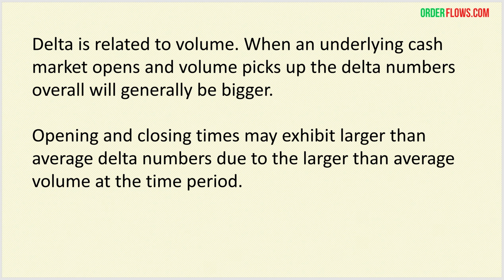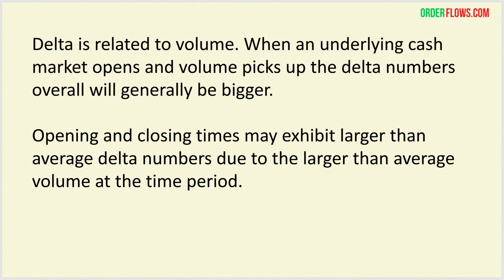Now delta is related to volume, okay, and you're not going to get generally a big delta number on a market with small volume. Now why is that important? It's because for markets that have an underlying cash market for a specific session, like equities like S&Ps, right, or NASDAQ or Dow, when the cash market opens, the volume really picks up in trading.